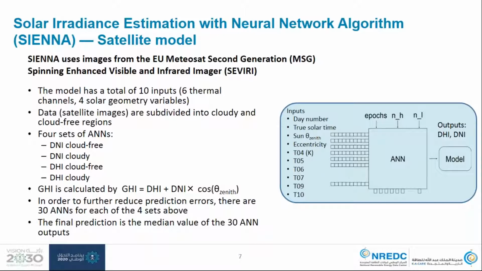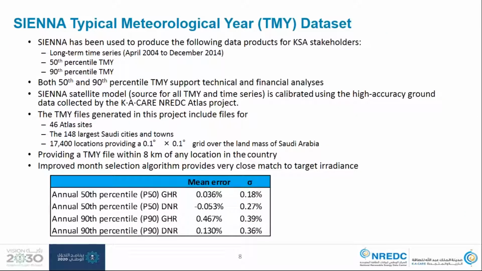The reason both of those are important is because we've only got up to about 4 or 5 years total of ground data, but the satellite data goes back to 2004. So we have a combined data set that the neural network, having been calibrated with our ground data, can produce time series that go from 2004 up to 2014.